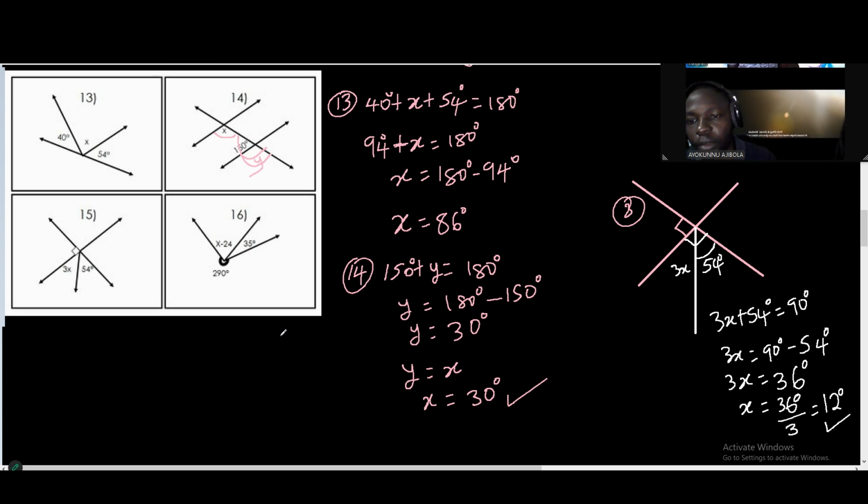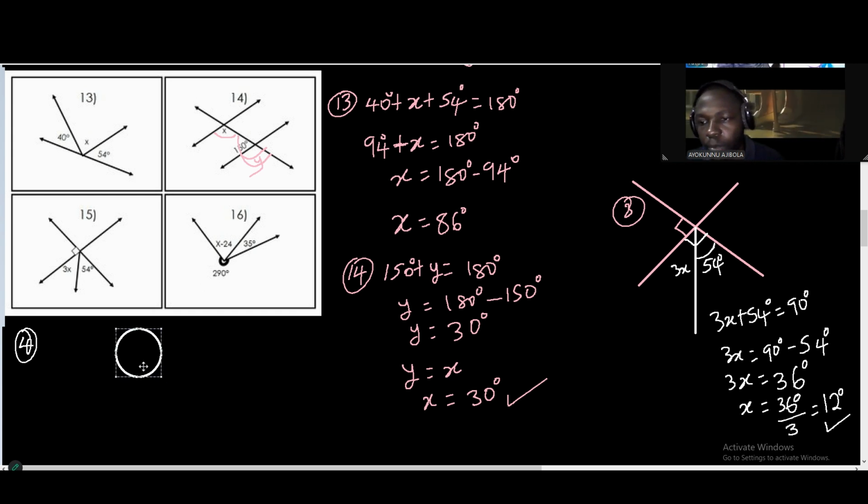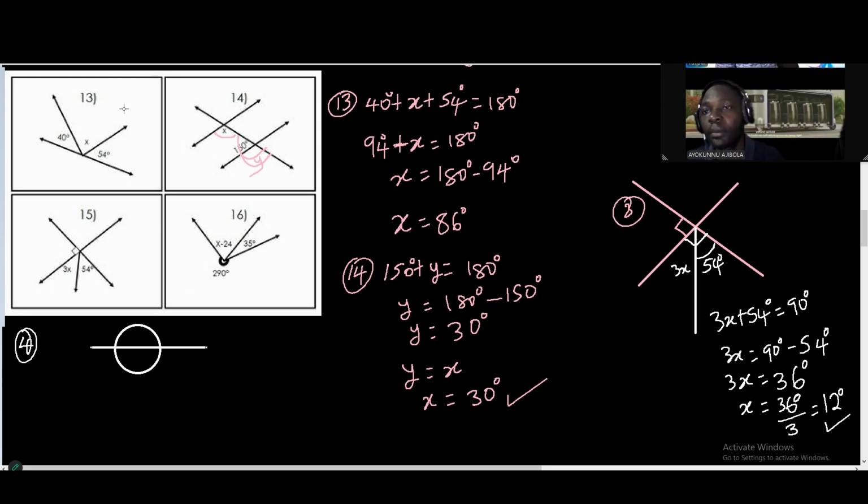And let's look at the last one, number 4. You know that if all angles align at a point, if you have something like this and there's a straight line here, the angle at the top is going to be 180. This angle will be 180 and the angle at the bottom also will be 180.